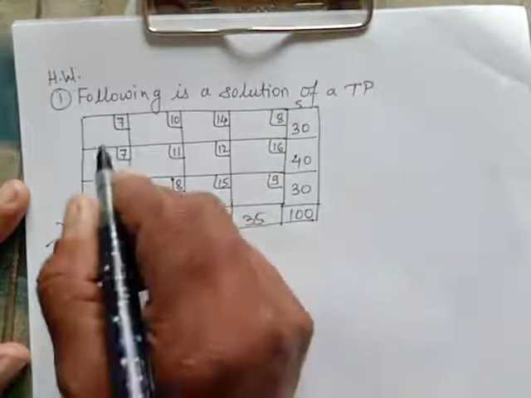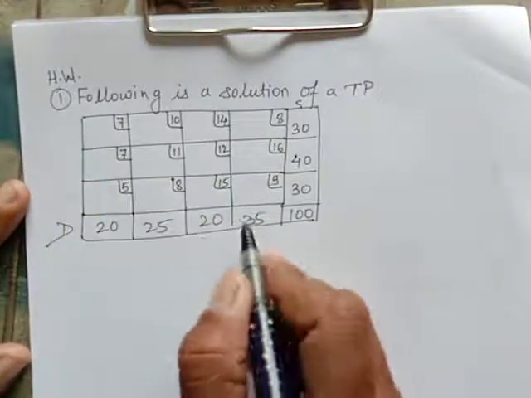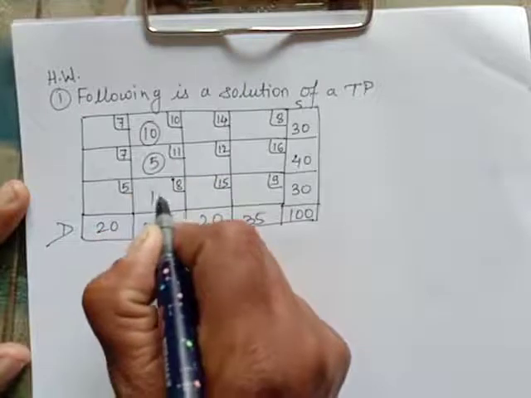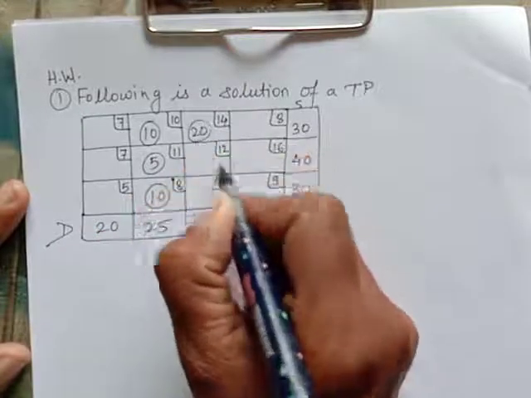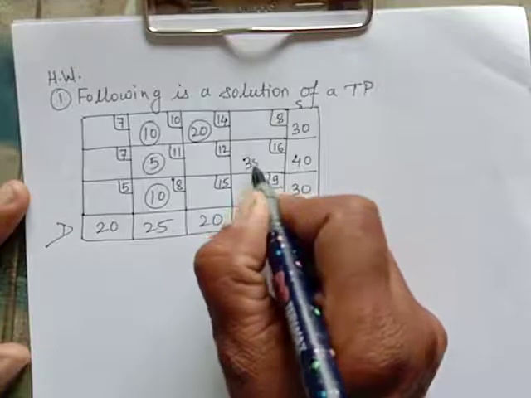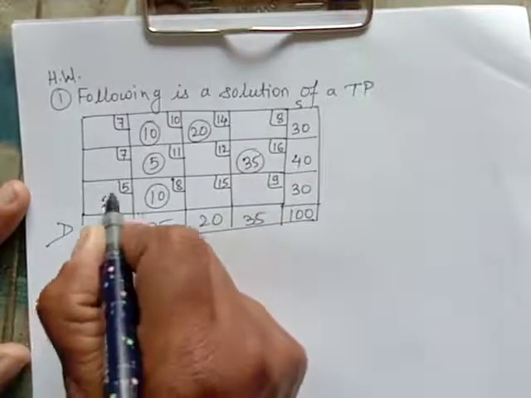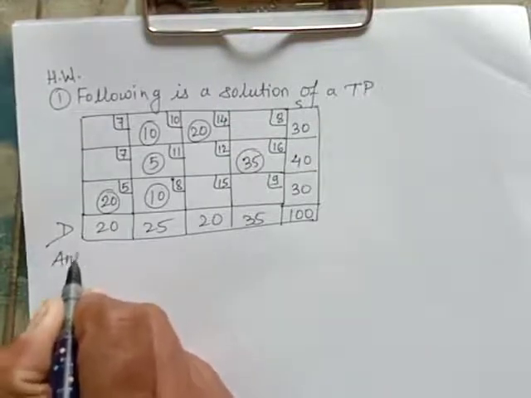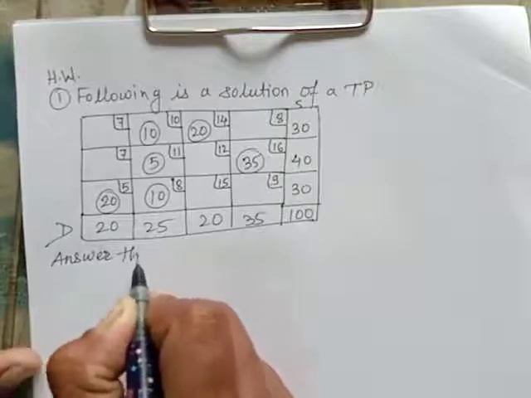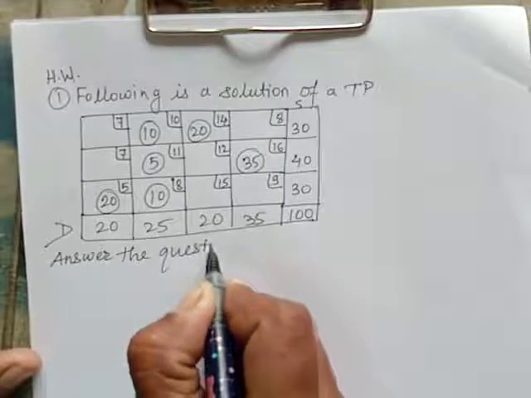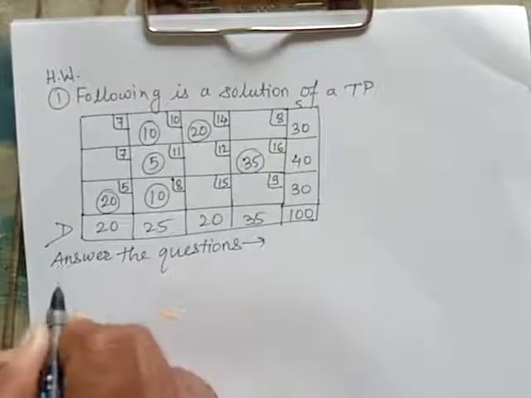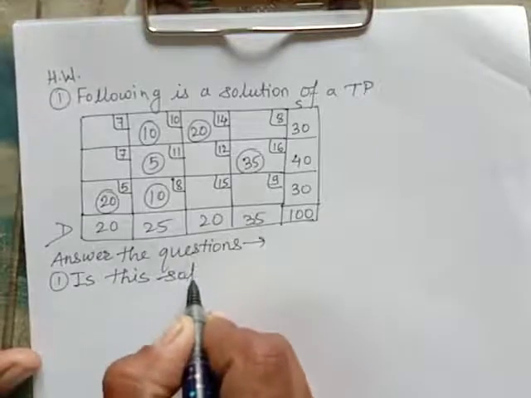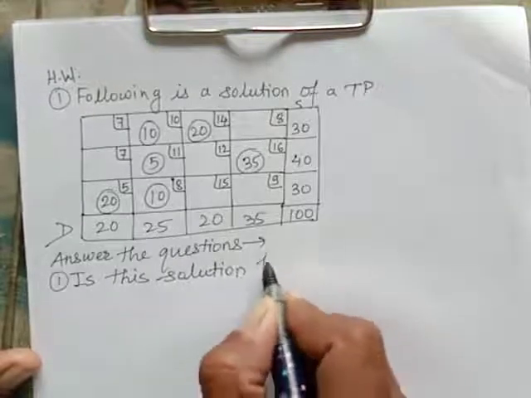You can check it. Now the other thing is what? Here the allocations are 10, 5, 10, here 20, here 35, and here 20. Okay. Again the question is that, answer the questions. Questions are: first, is this solution feasible?